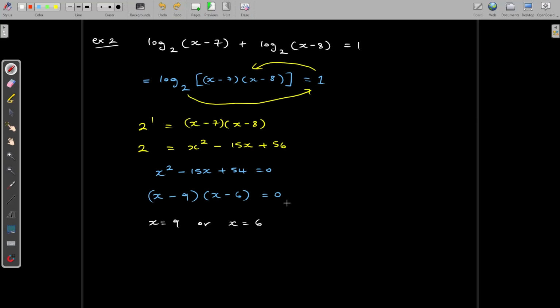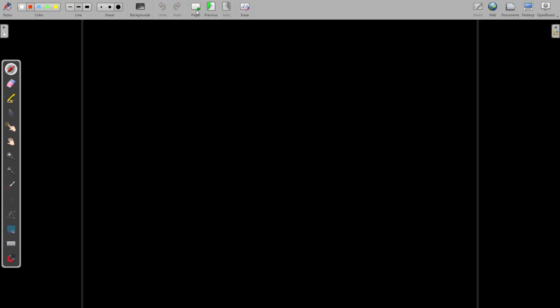Alright, let me give you one to try. So this is for you. Solve: log base 3 of (x squared minus 9) over (x plus 3) equal to 3.